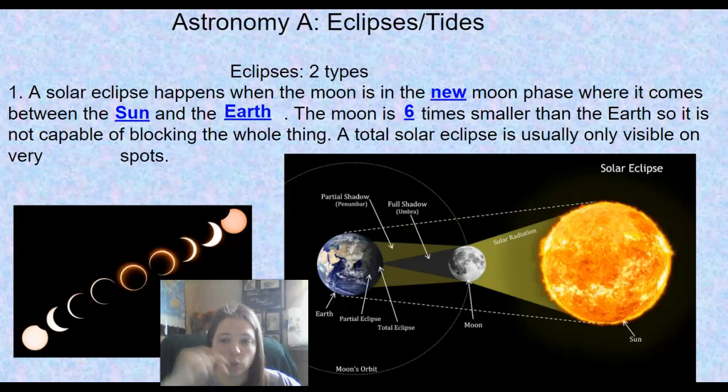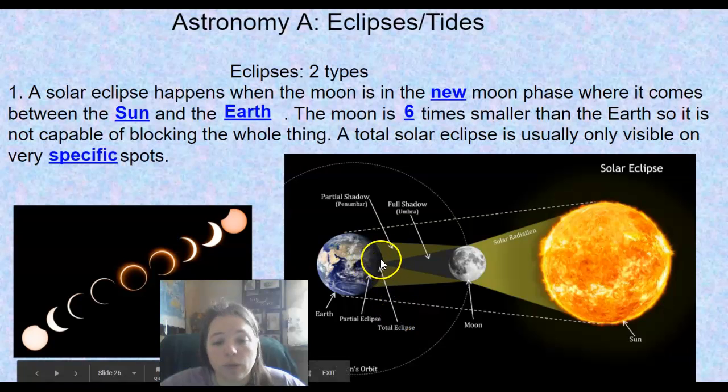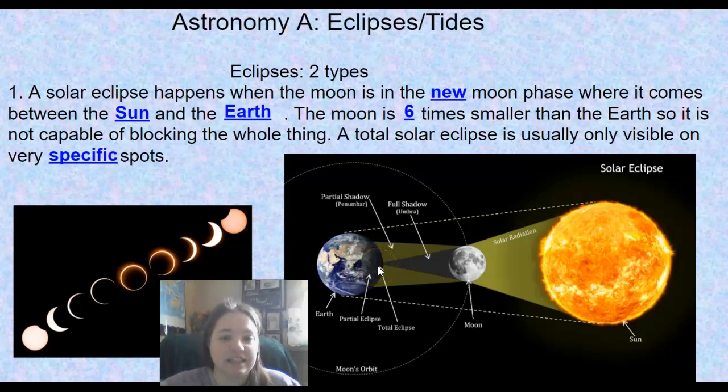It just hits one spot. So a total solar eclipse is usually only visible in a very specific spot. If you see right here, only a small portion of this side of the earth sees the solar eclipse. And then you have this outside rim that has the partial eclipse.